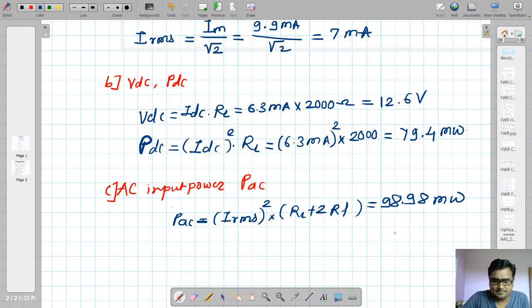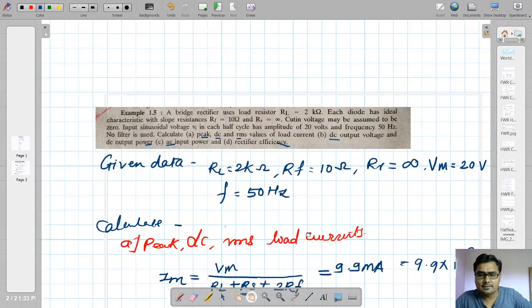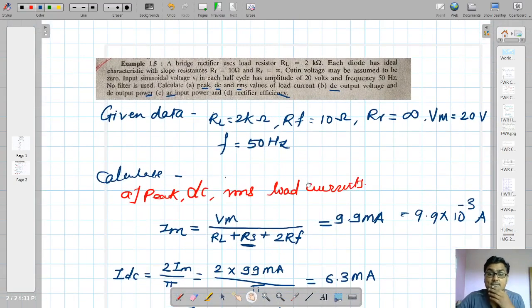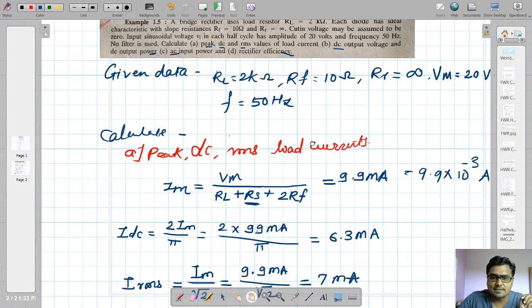Now what is D? Let me check. Here we have calculated A, B, C. D is the last point, that is rectifier efficiency.